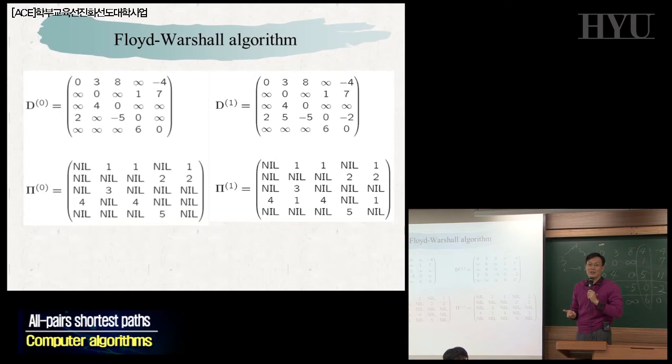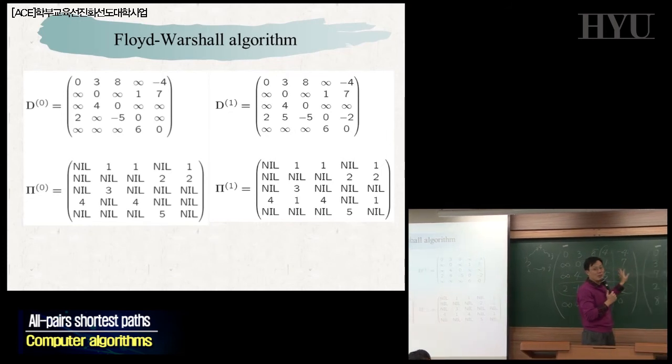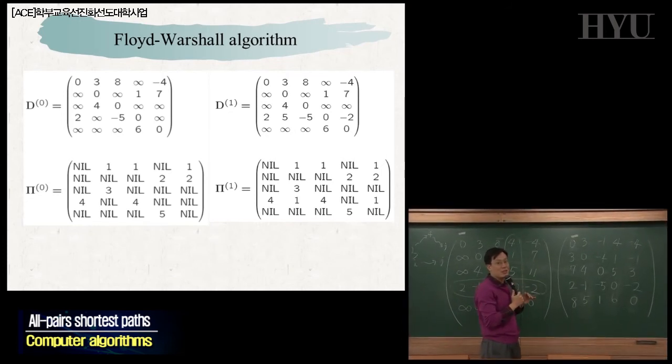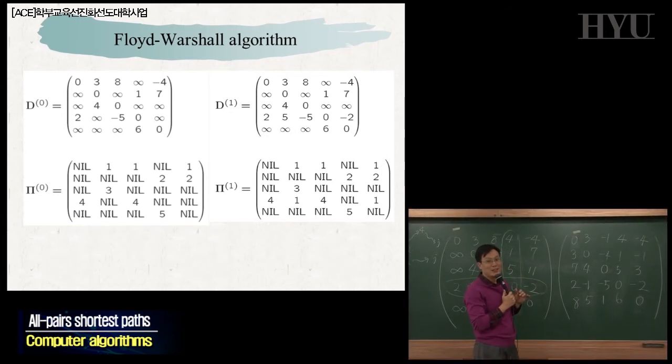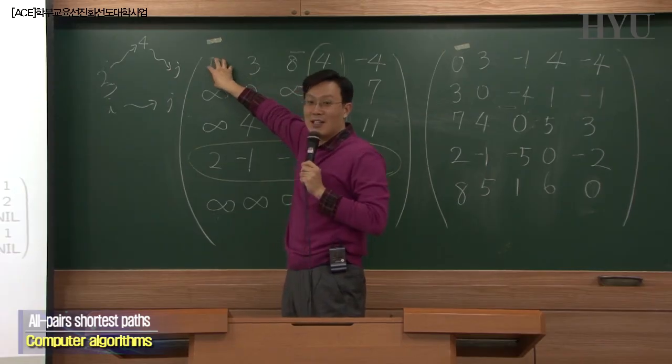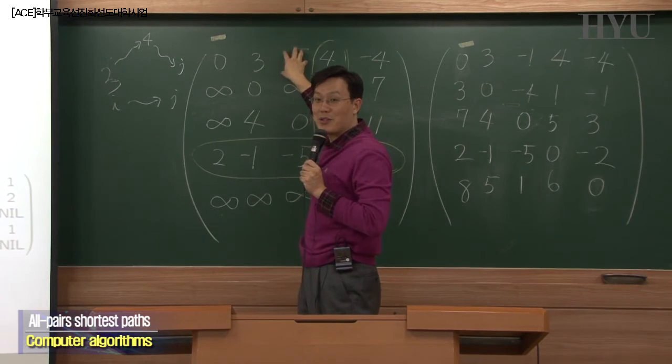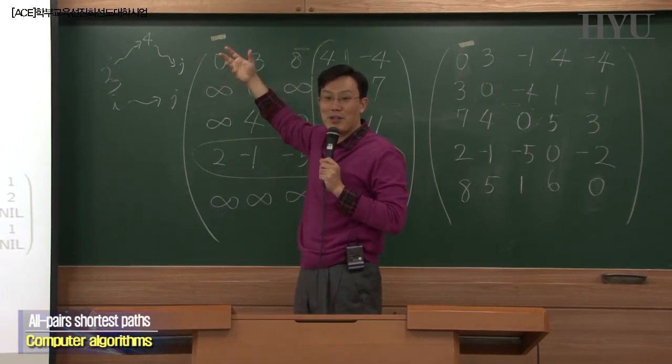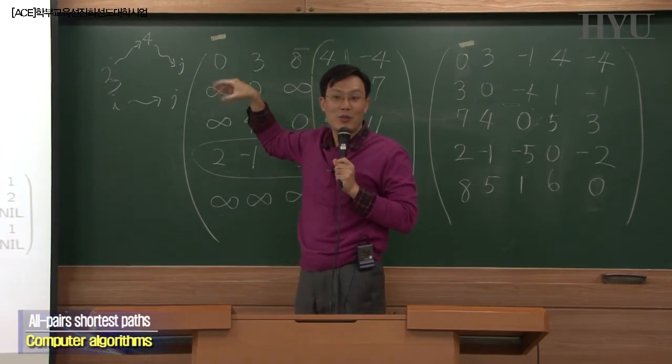But we can do better. We need only 1 matrix. We don't have to maintain 2 matrices. We use only this. Why? We just write it in the original matrix. By comparing the new value with the old value, we store the minimum.